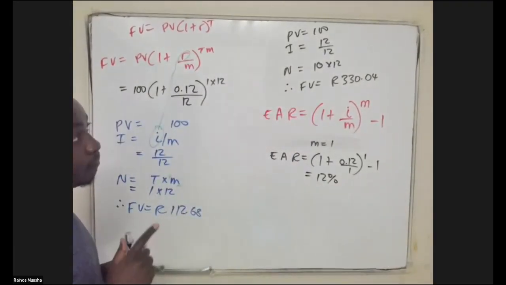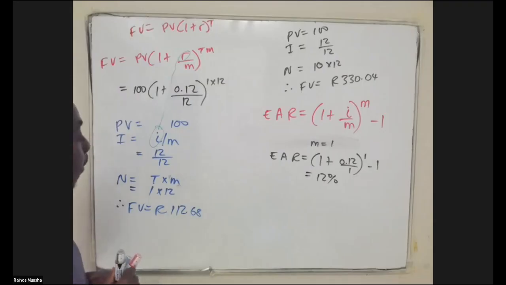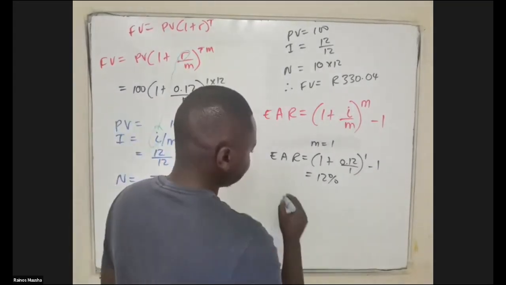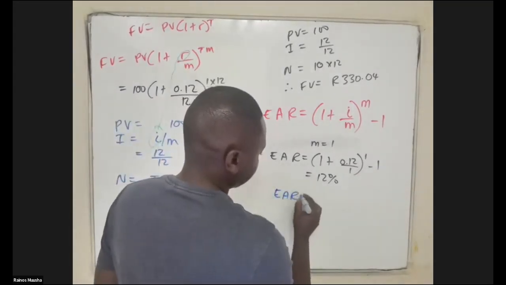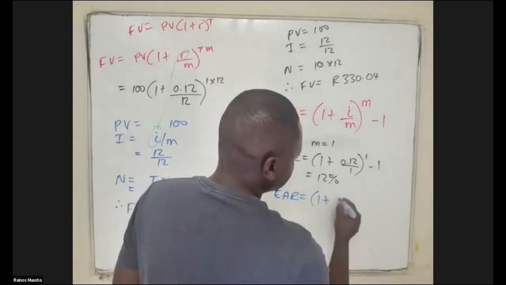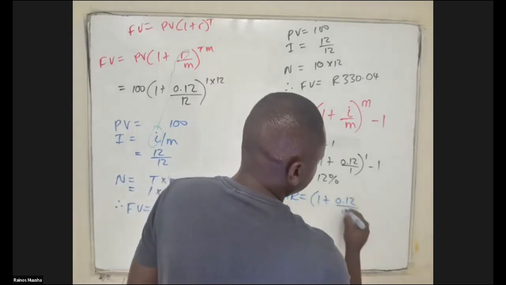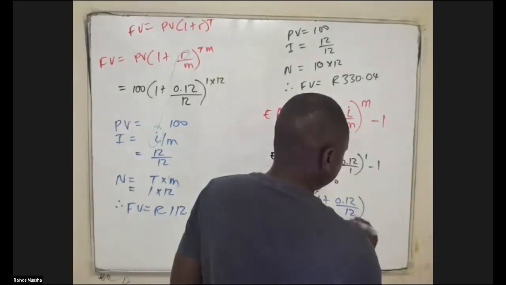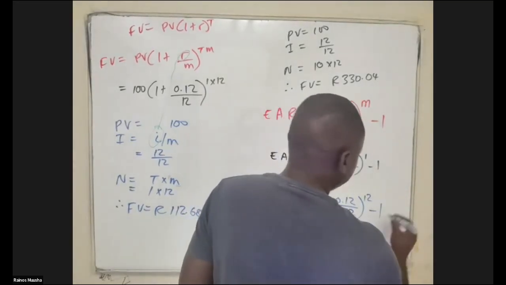But now what happens if you're compounding 12 times a year? Your effective annual rate of interest is equal to 1 plus 0.12 divided by 12, because your M is equal to 12. So 0.12 divided by 12, to the power of 12, minus 1.